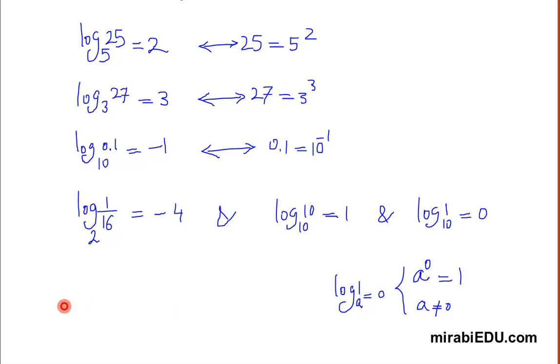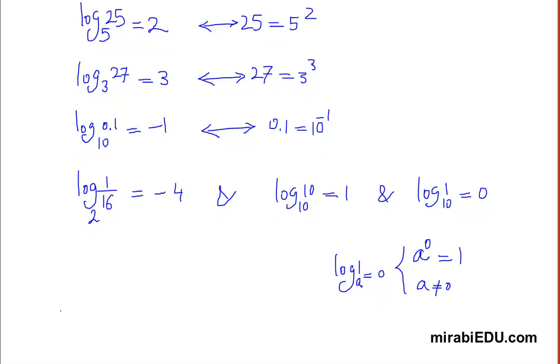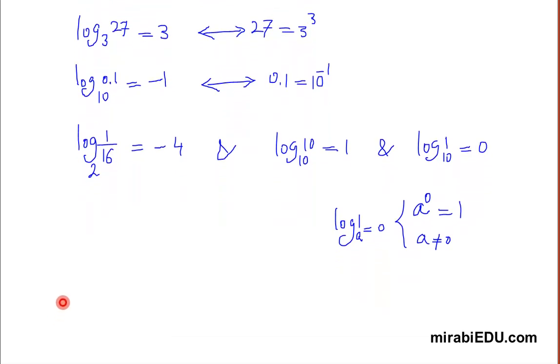Okay, let me first tell you that if the base is not written, the base is 10. So log of 10 is 1. If the base is not written, it is 10.